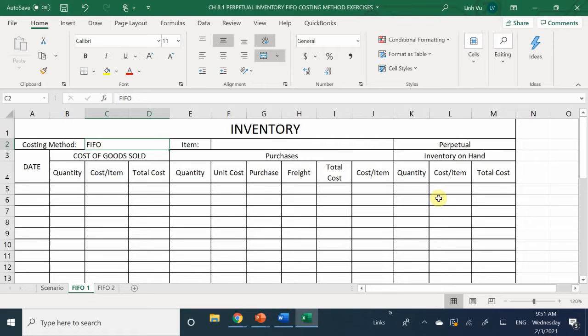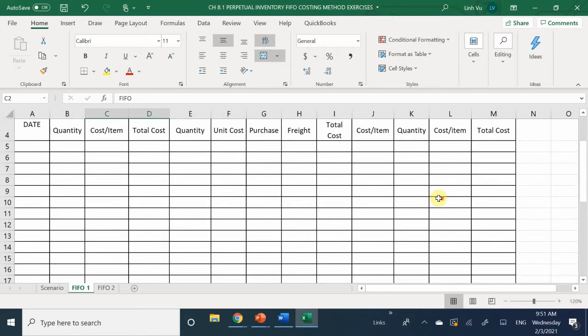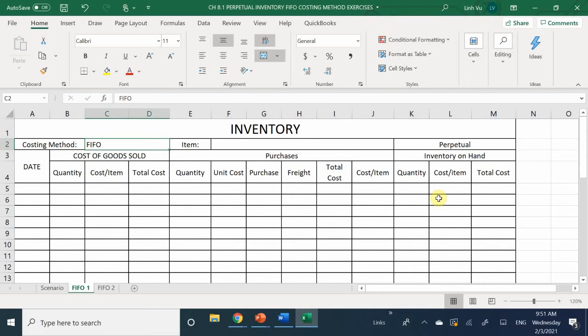So as you could see, there are no calculations at the bottom, because when we look at how we calculate the cost of goods sold and how we take it out of inventory or even add it to inventory, you're going to see that it's literally moving from left to right, and you're constantly moving left to right, but also going downwards as well. You're never going to go up and down or anything like that. It's going to be consistently going forward.